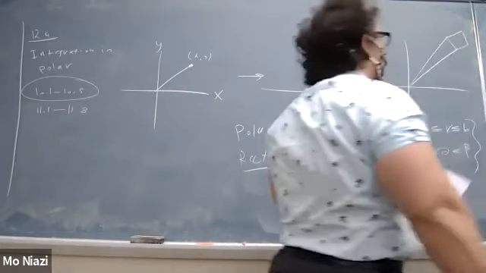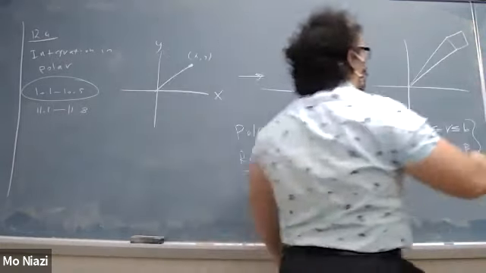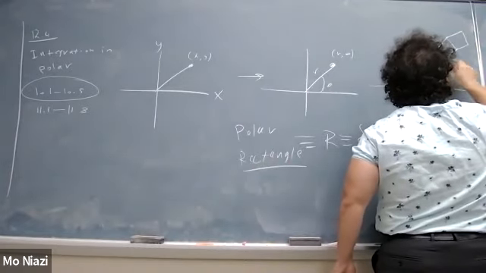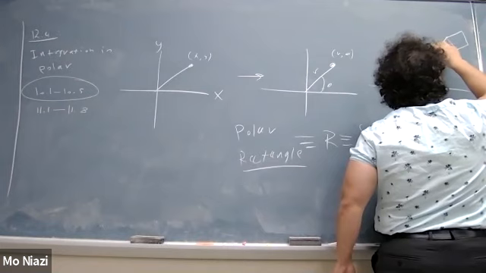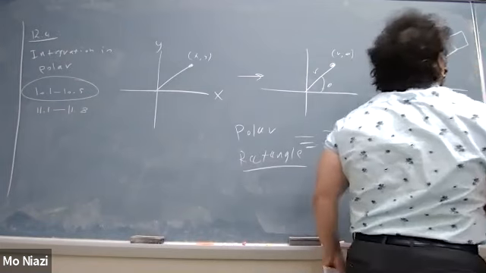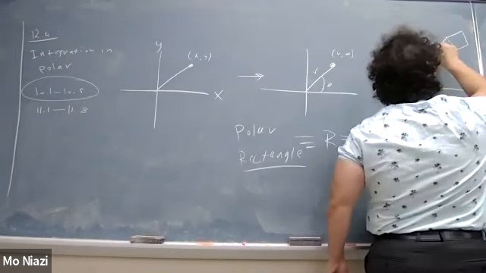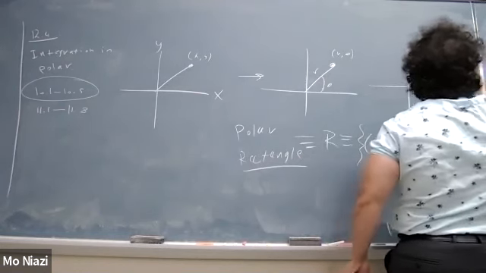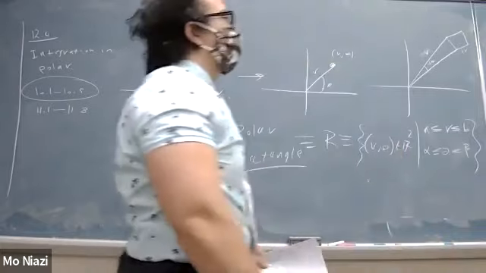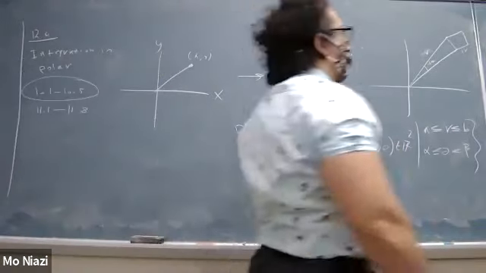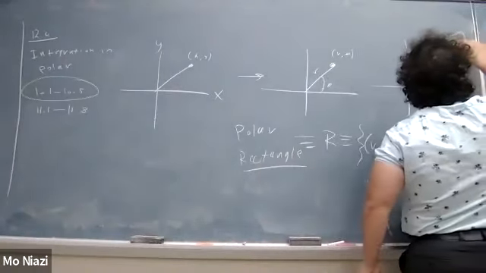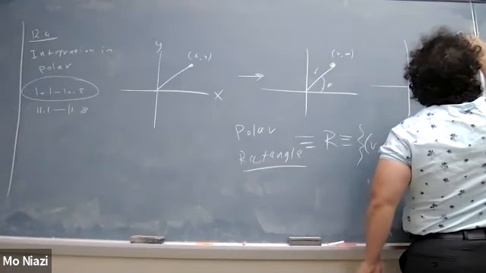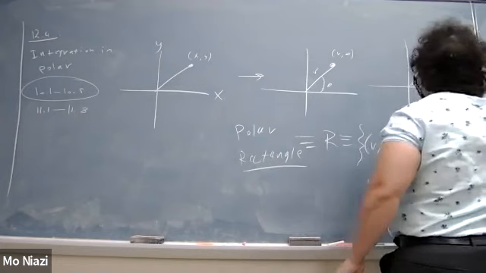Where this is just some d theta, this is just some dr, right? Actually, this is your r, this is your d theta, and this is your dr, just a little piece of r. And you'll notice that this right here is r d theta. And why is that?